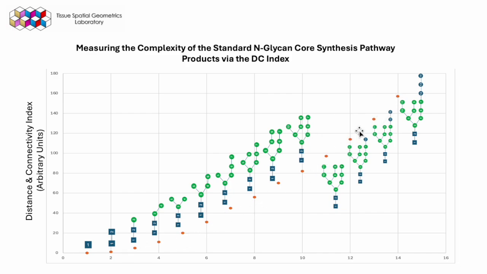This nonlinear line is very revealing, suggesting that the connectivity information we are measuring through this index changes in a nonlinear fashion, meaning the information in these molecules exhibits phases of growth and stasis. This kind of insight does not come from counting the number of molecules that are present, but is revealed when we measure the connectivity information in the molecules. That is the spatial information within the molecules.